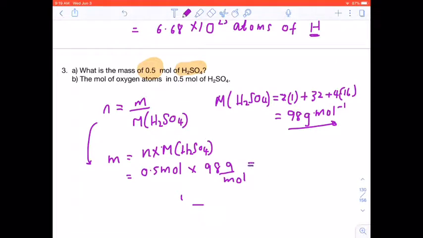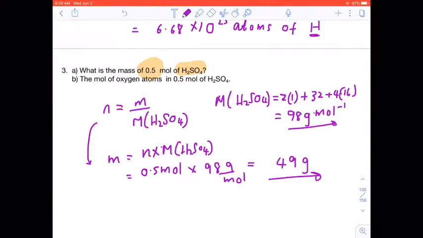And that gives us 49 grams. Okay, so that gives us 49 grams. Right, and it says the mole of oxygen atoms in 0.5 moles.